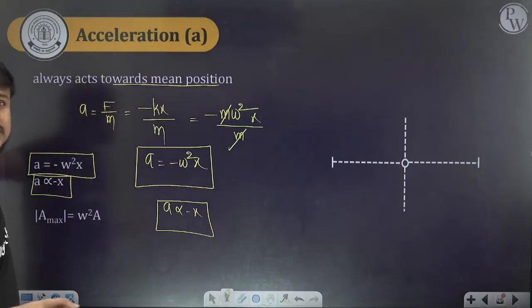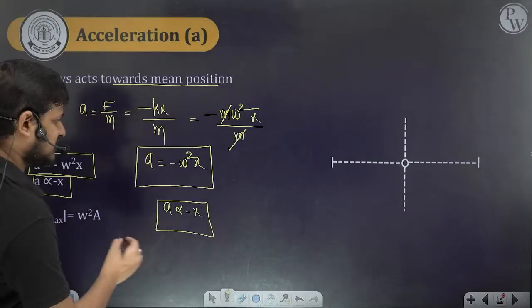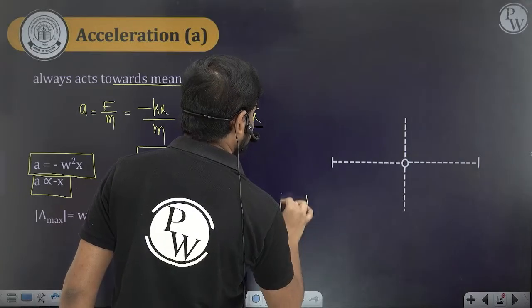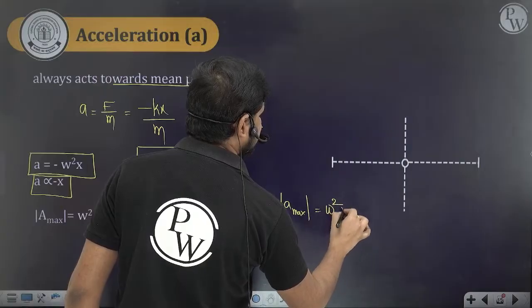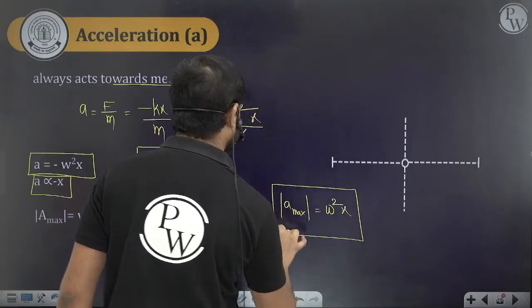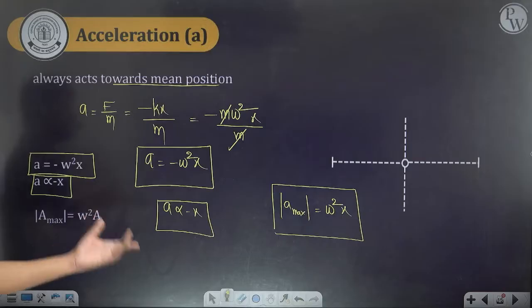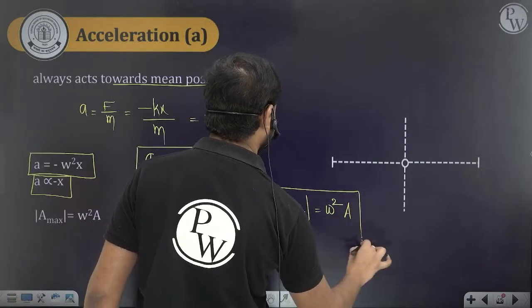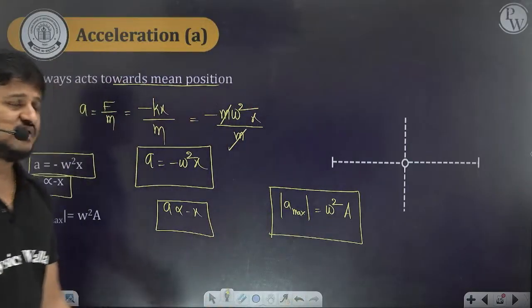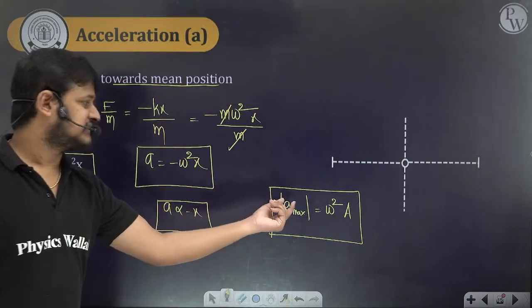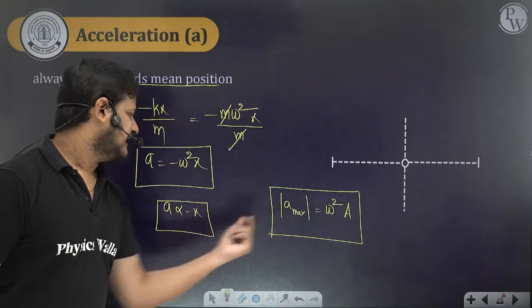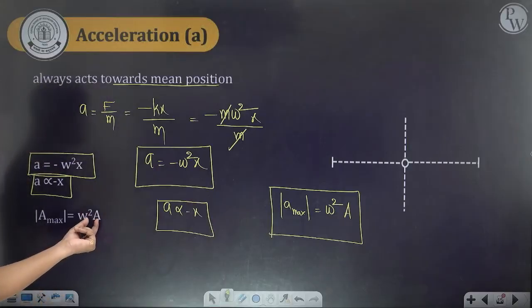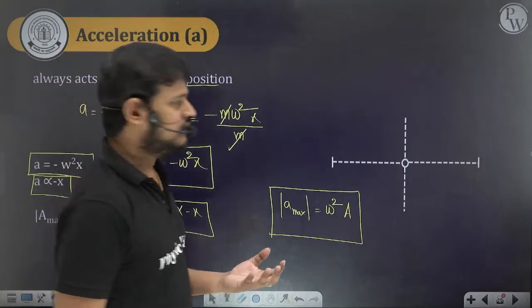If they ask what is the maximum acceleration, the magnitude of a max is omega square A, because the maximum displacement will be A. So the magnitude of the maximum acceleration is omega square A. Acceleration will be maximum when the displacement is maximum. What is the maximum displacement? The amplitude, right?